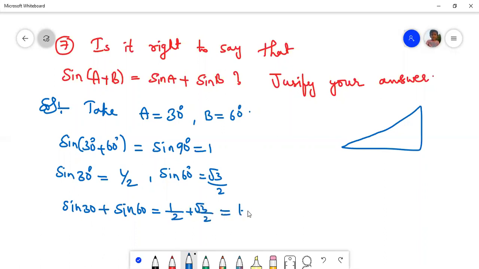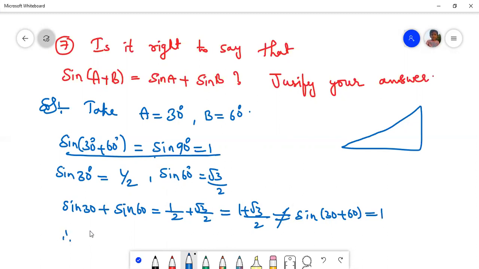Taking the LCM, 1 plus root 3 by 2, it is not equal to sine of 30 plus 60. Why? Because sine of 30 plus 60 is equal to 1. So sine of A plus B is not equal to sine A plus sine B. So, it is wrong.